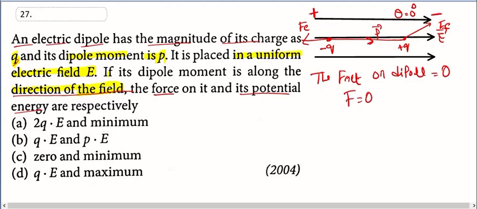Net force is 0. Potential energy: what is the potential energy?